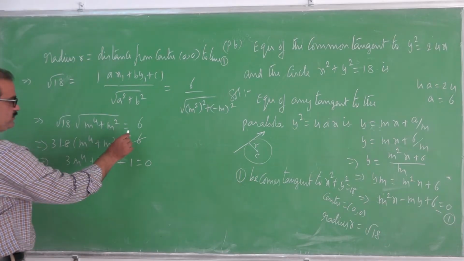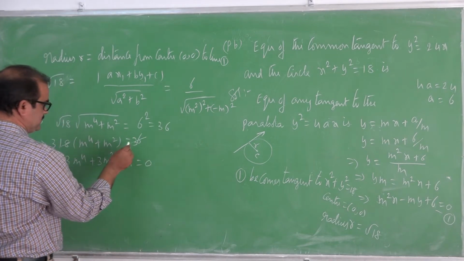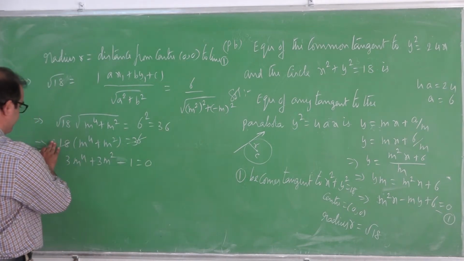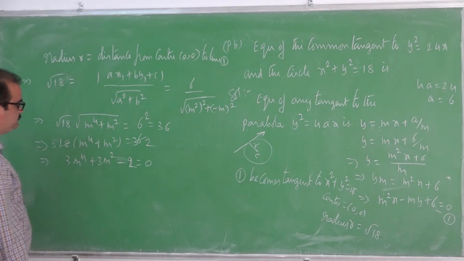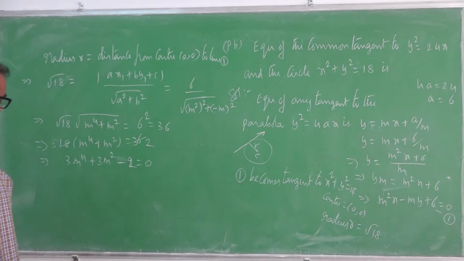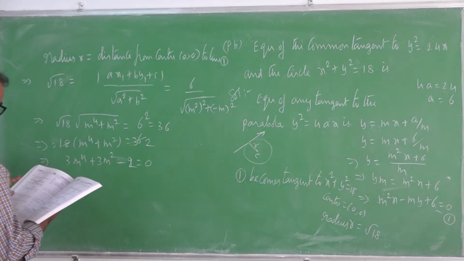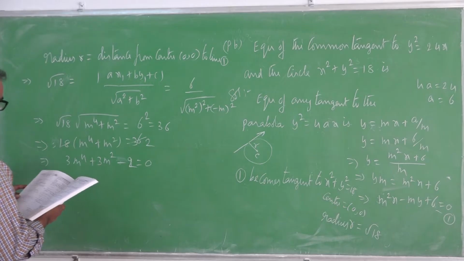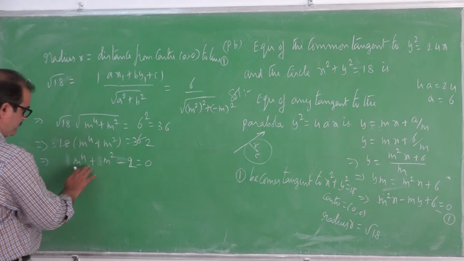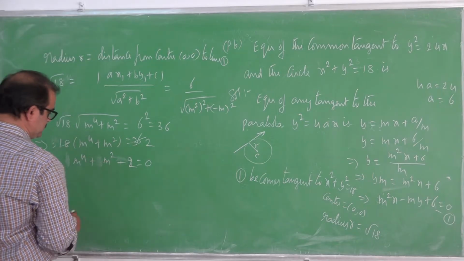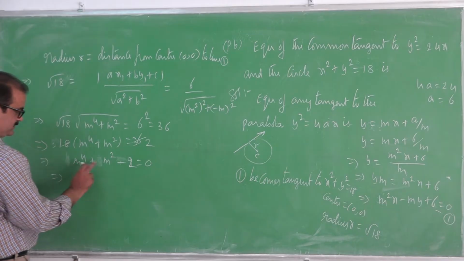On squaring, here we get 6 square, that is 36. 36, 2 times cancel, 18, 2 times cancel. So minus 2 is equal to 0. What is the equation obtained here? M power 4 plus m square minus 2 is equal to 0. Okay, find the factors.